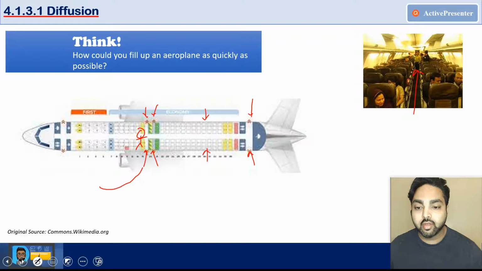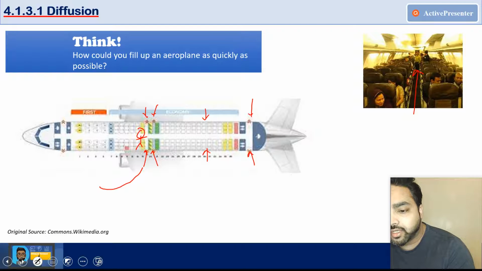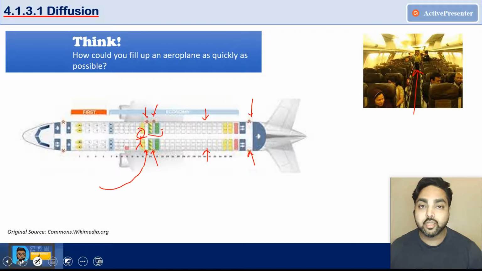Yeah, so you can either have more entrances or you can make sure that there's a continuous flow of people as they are going through the plane. Both things will mean that as passengers go down and sit down in the plane, you've got another space where you can add another passenger. And this is actually quite a good analogy for diffusion. I'll explain why in a second.